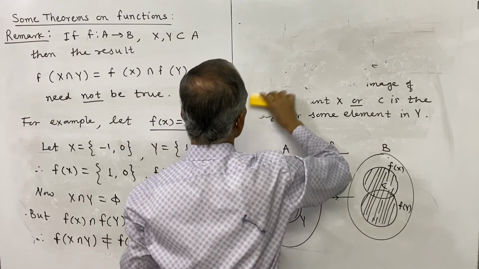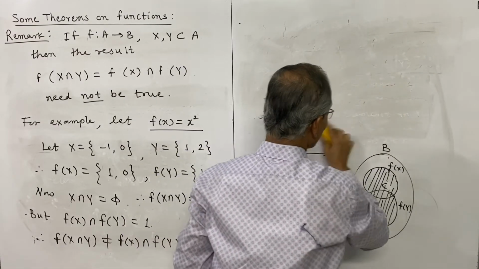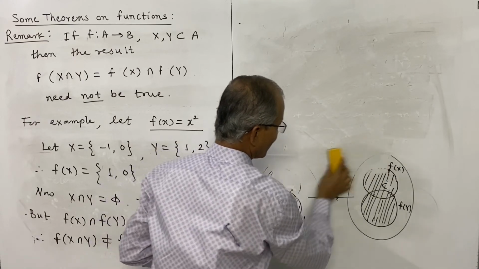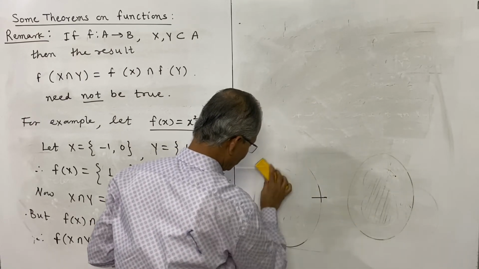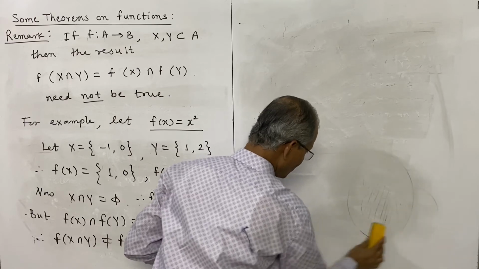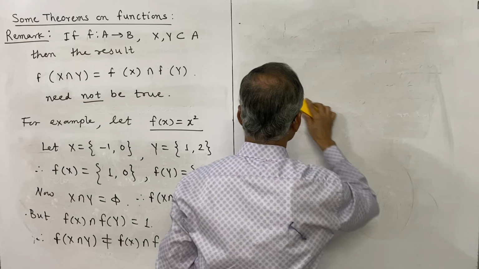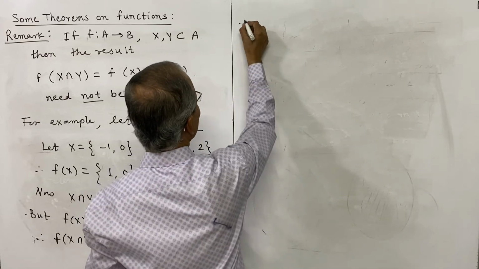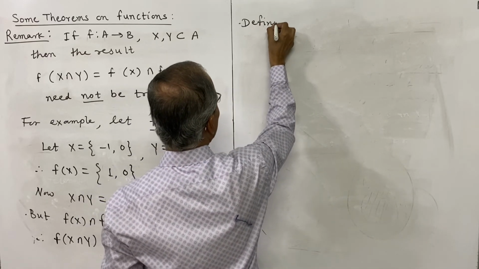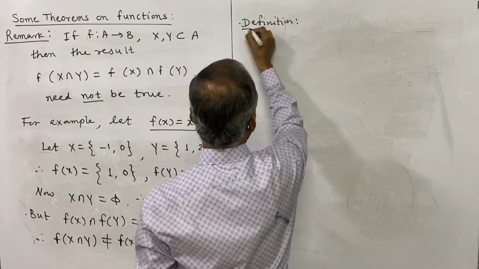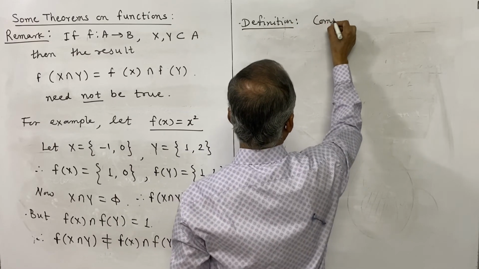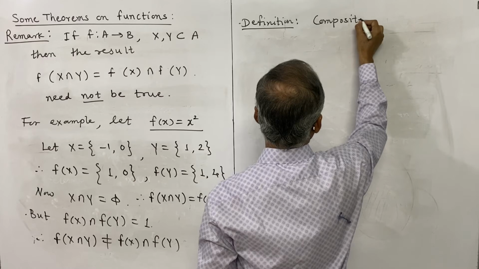Now we will define one more type of function, which is the composition of two functions. How to define a composite function, or how to consider the composition of two functions. So we will write that as a definition. Composite function or composition of functions.